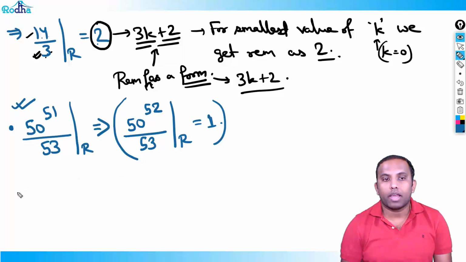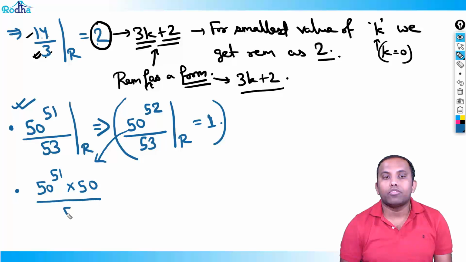I'll split it: 50 raised to 51 into 50. This is how I can write 50 raised to 52. So 50 raised to 51 into 50 divided by 53, remainder. Now here, you write the form of the remainder.